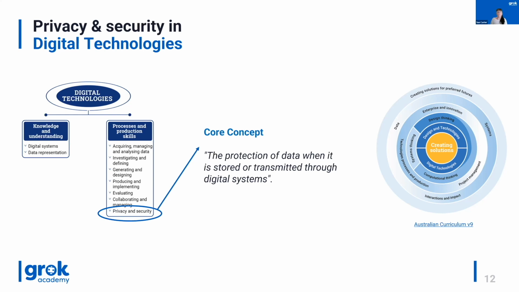So in this substrand, we aim for students to develop appropriate skills for managing data which is personal, and effectively implementing security protocols. In the early years, this begins with understanding that data can be personal and collected, and progressively moves to students developing skills in managing and collecting their own and others' users' data.